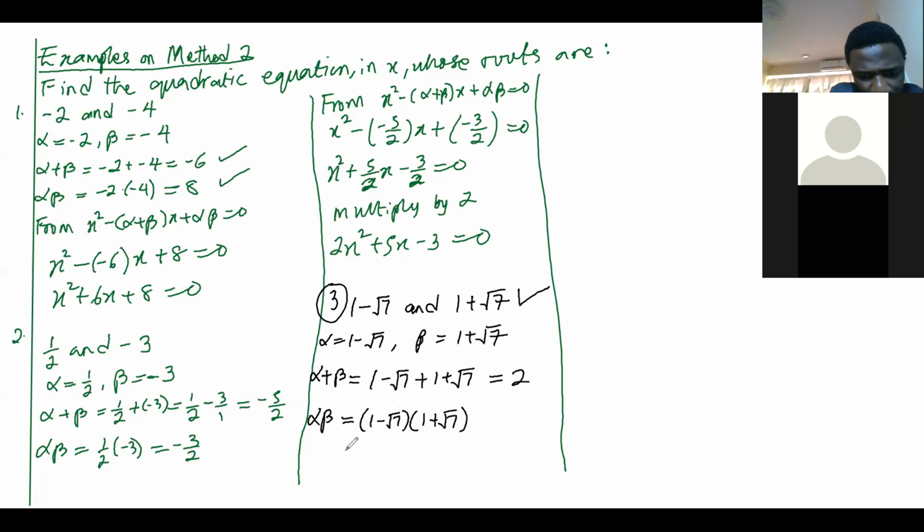So it's going to be 1 plus root 7 minus root 7.